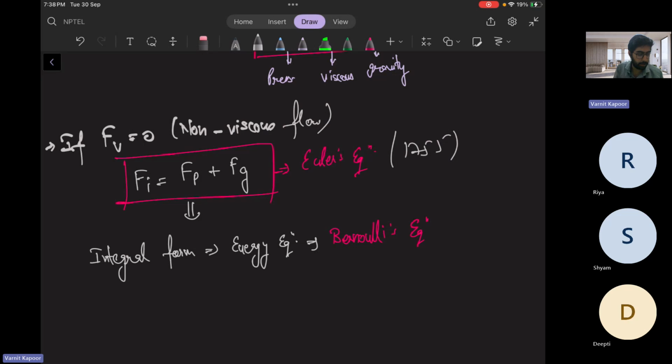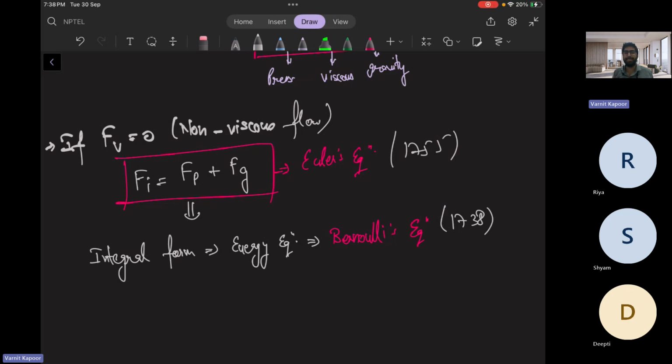Bernoulli's equation came around 1738, separately derived, well before Euler's equation. But if you do the integral form of Euler's equation, you get this energy equation, that is Bernoulli's equation.